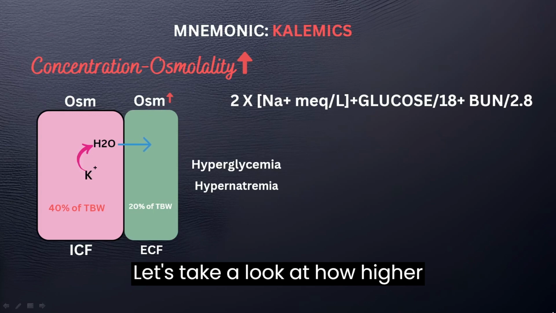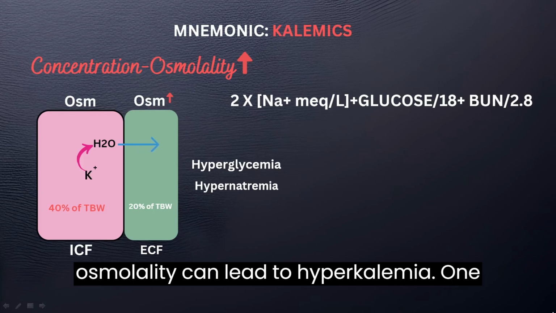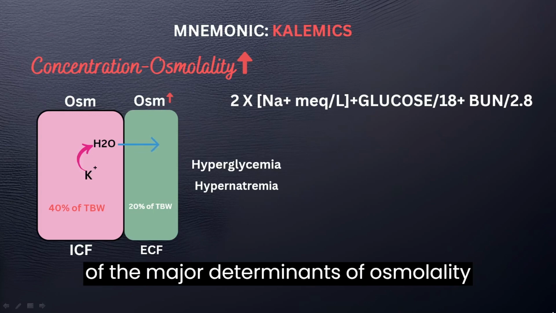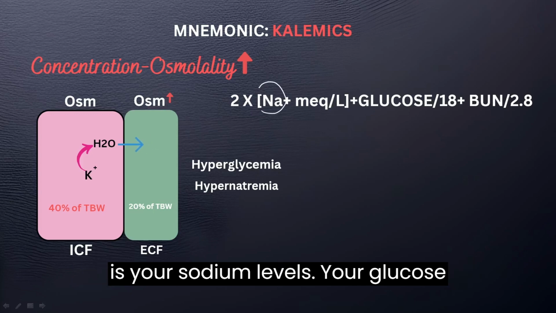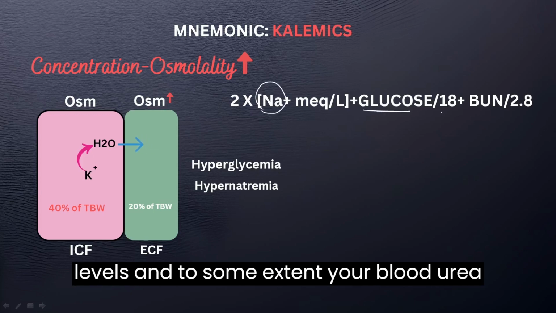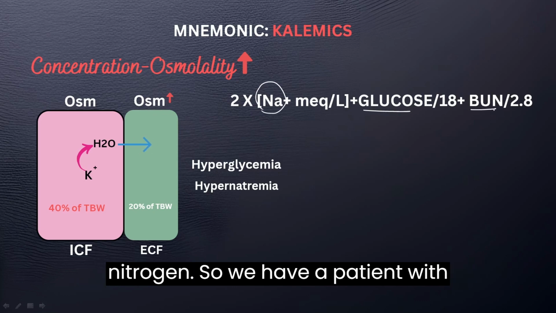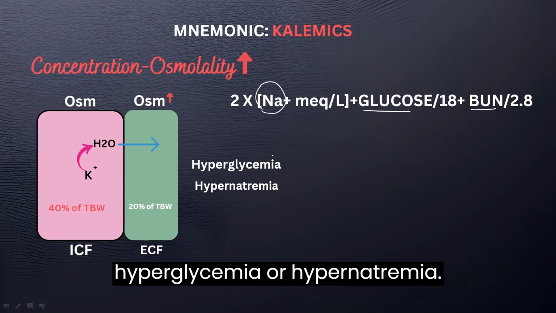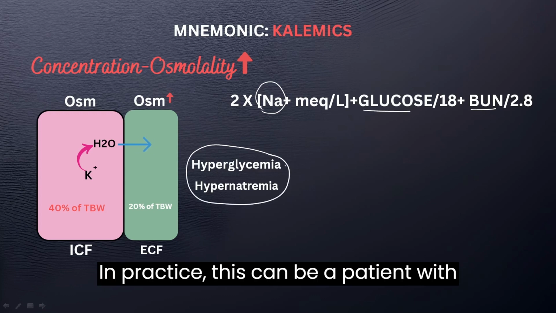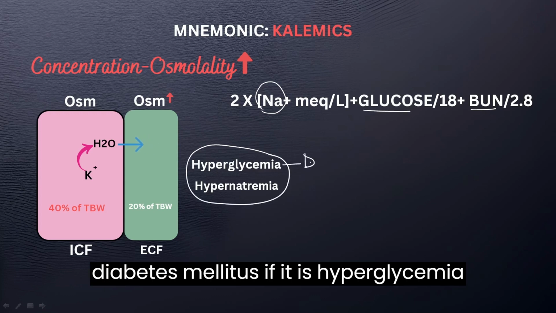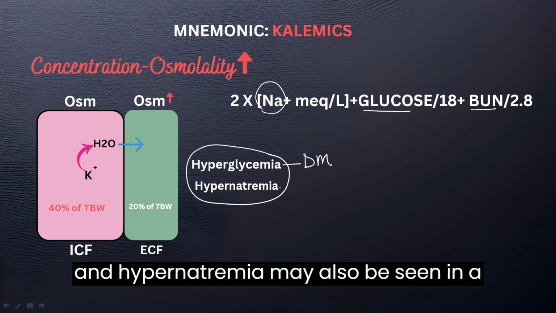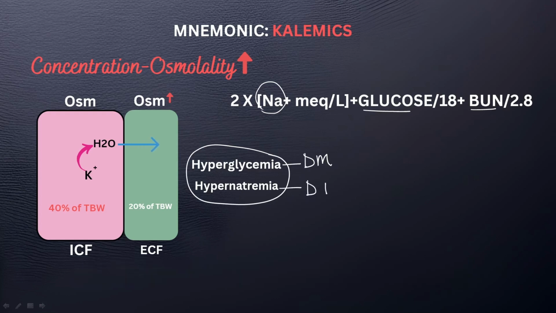Let's take a look at how a higher osmolality can lead to hyperkalemia. One of the major determinants of osmolality is your sodium levels, your glucose levels, and to some extent your blood urea nitrogen. So we have a patient with hyperglycemia or hypernatremia. In practice, this can be a patient with diabetes mellitus if it is hyperglycemia, and hypernatremia may also be seen in a patient with diabetes insipidus.